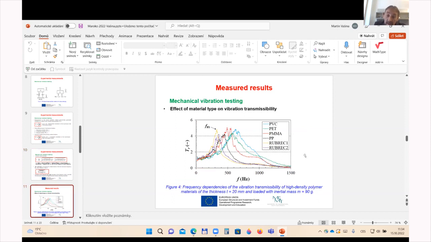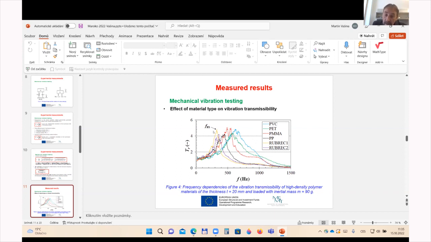Now to the results. Firstly, we compared different material types on vibration damping properties. In this figure, we can see the materials of high density. Here on the top, this point is proportional to the first resonant frequency.